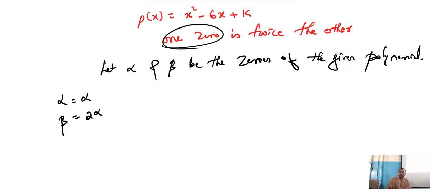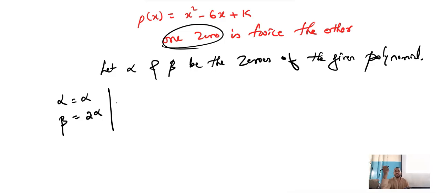Any doubts? Now, how to solve this problem? Now I'll give you a small hint. What is that small hint? Very simple. Which value do we want to find? K. We want to find K. Right? Now we have two conditions. Except these two conditions, we don't have any other condition to solve any problem related to this chapter.